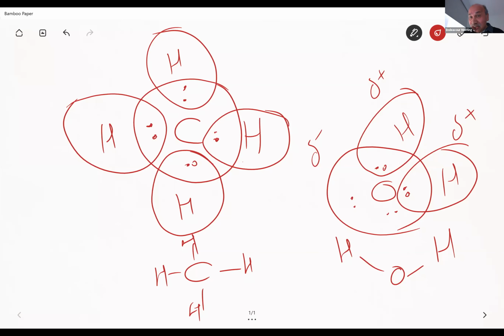But hydrogen shares also. Hydrogen has some contribution here in sharing, right? So such a bond is known as polar covalent bond. In polar covalent bond, you have unequal sharing of electrons due to a high electronegativity and a low electronegativity atom. If you look at oxygen, oxygen has a very high electronegativity.